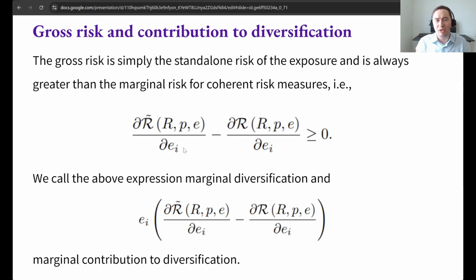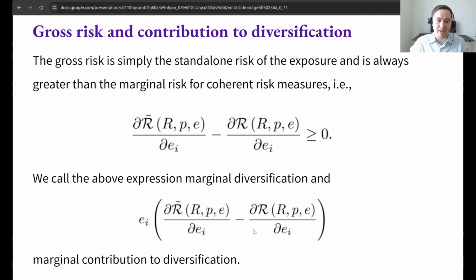And then because we work with coherent risk measures such as the CVaR or even the variance, or lower semi-absolute deviation, we know that this term will be positive. Because basically we have this diversification principle. So the way that we define this gross contribution to risk, that's just the standalone risk, and then this is the marginal contribution, so after accounting for diversification interactions.